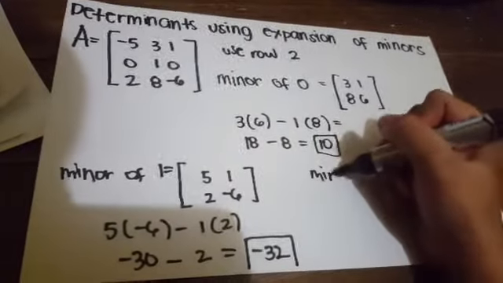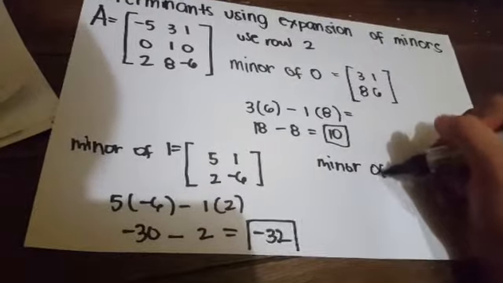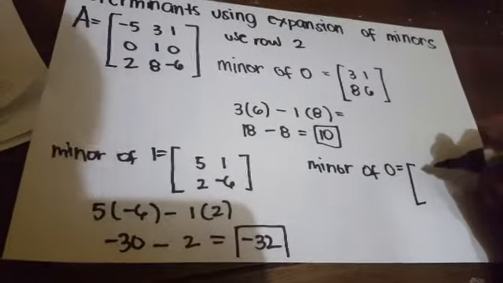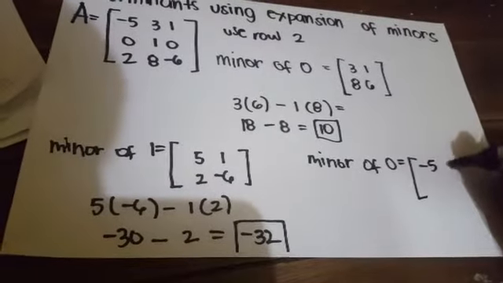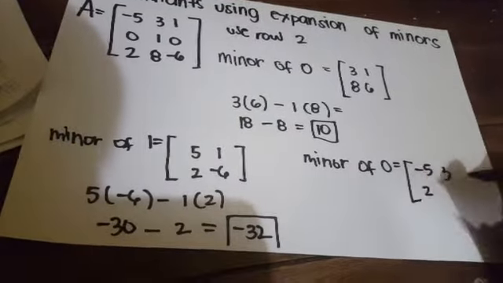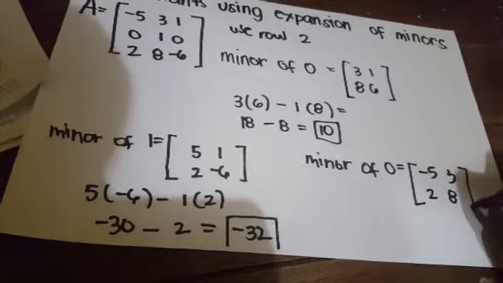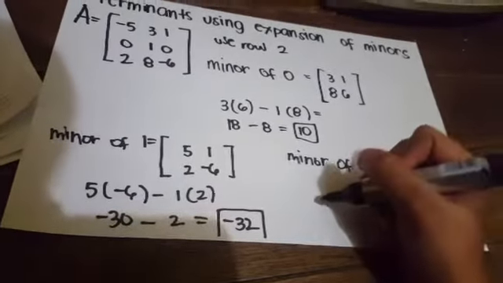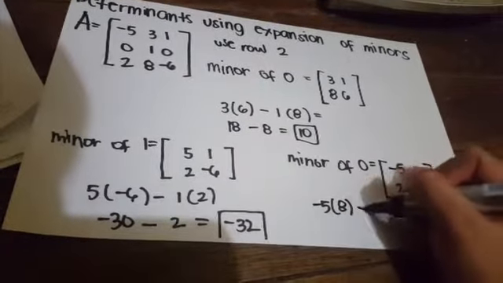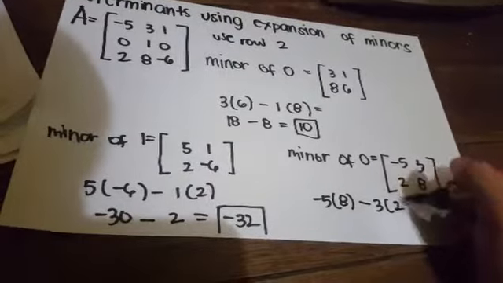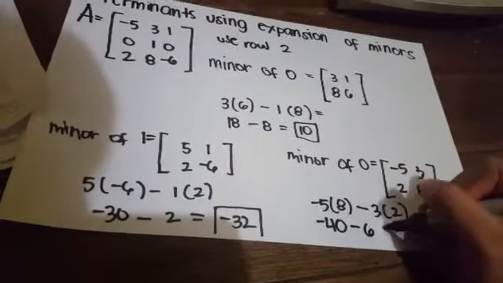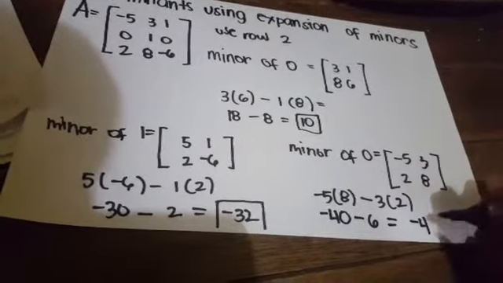For the minor of 0 again, the remaining entries are negative 5, 3, 2, 8. Cross multiply: negative 5 times 8 minus 3 times 2. Negative 40 minus 6 equals negative 46.